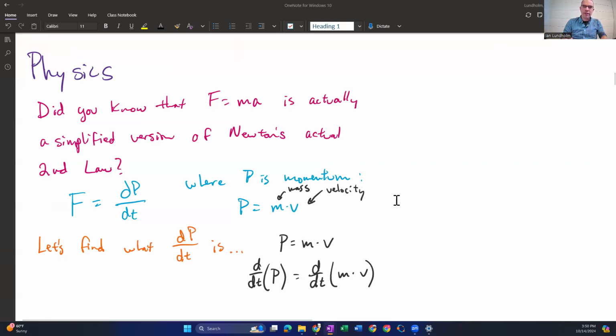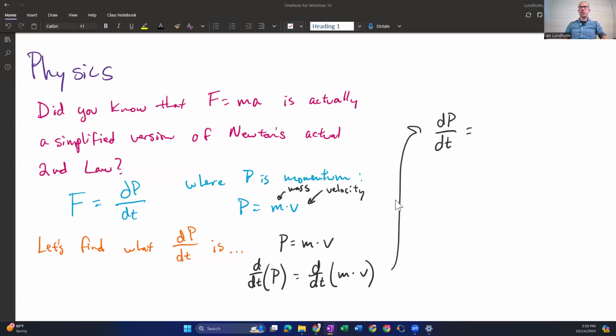And so on the left-hand side, we definitely get the change in momentum with respect to time, so dP/dt. And then on the right-hand side, we have a product rule. We're treating m as a function of t and v as a function of t, just functions that we don't necessarily know what they are.